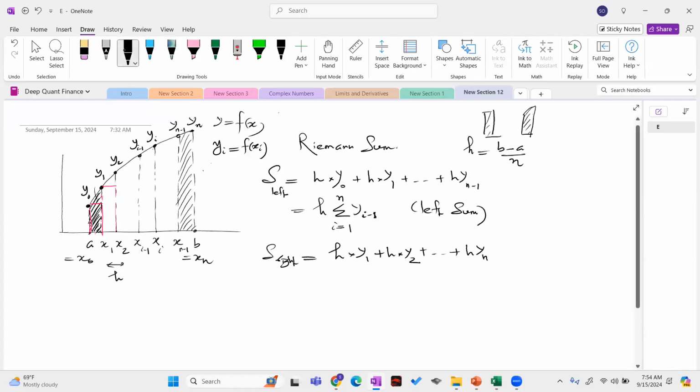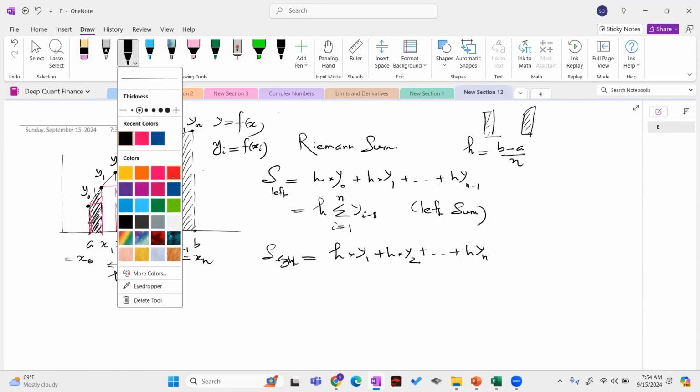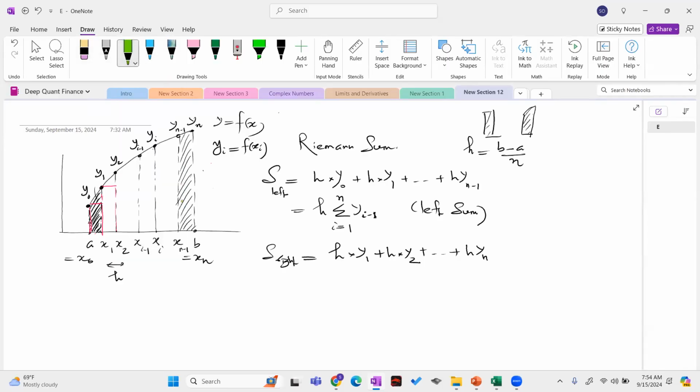So how is the plot for the right sum? If you look at the first region, the rectangle that I'm taking is this rectangle. For the second one, I'm taking this rectangle. All right. And for the last one, I'm taking this rectangle.